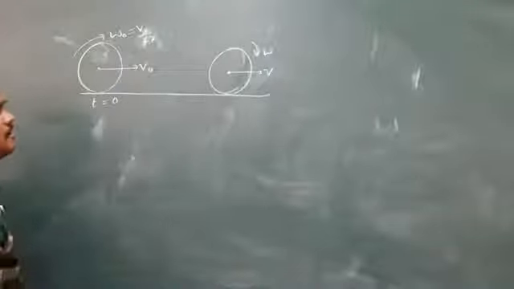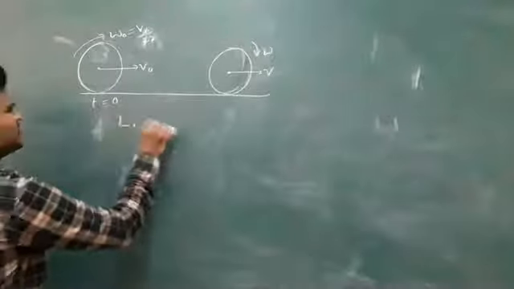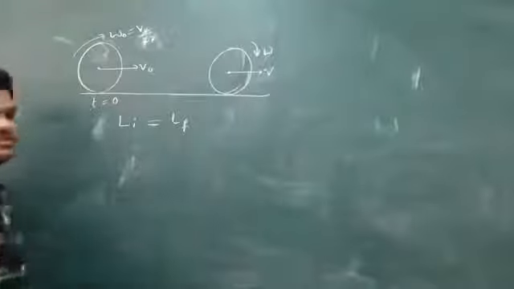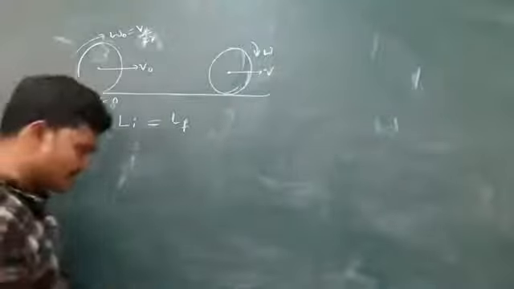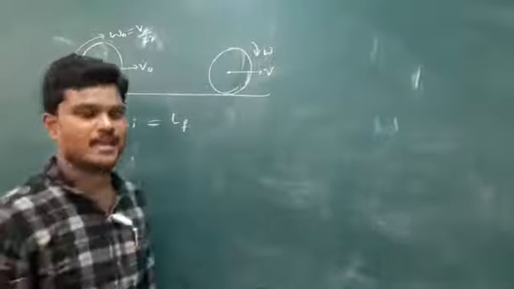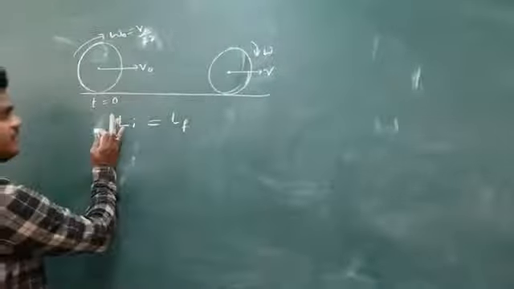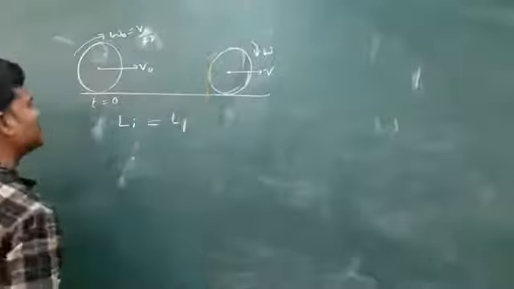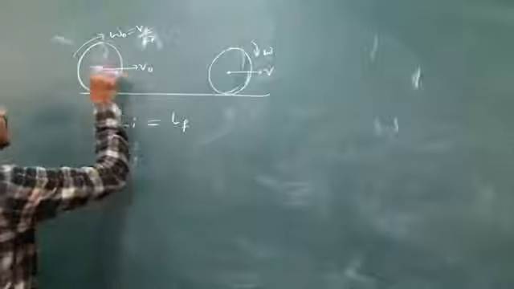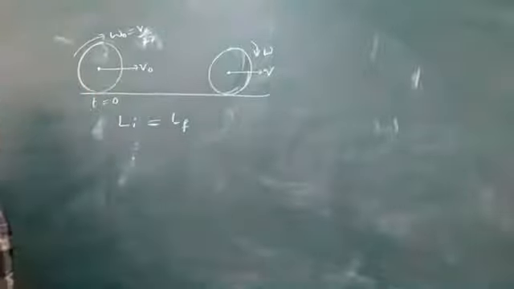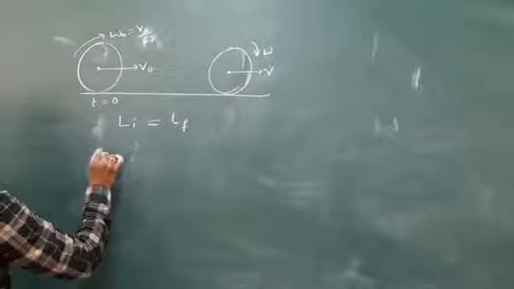Again apply the same conservation of angular momentum. L initial, just balance with L final. If you write this angular momentum in terms of vectors, the direction is into the board, minus k cap. So both sides minus k cap cancels out.